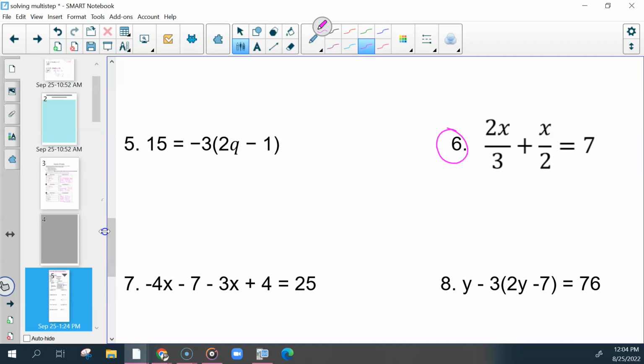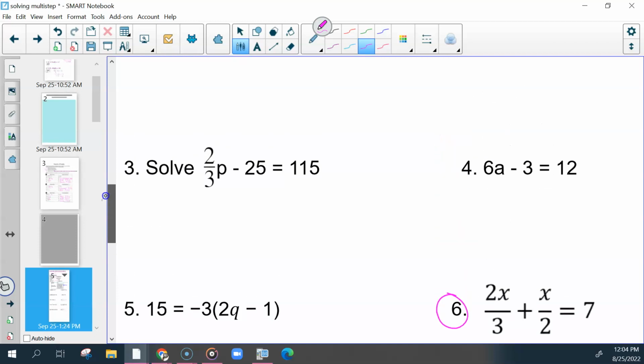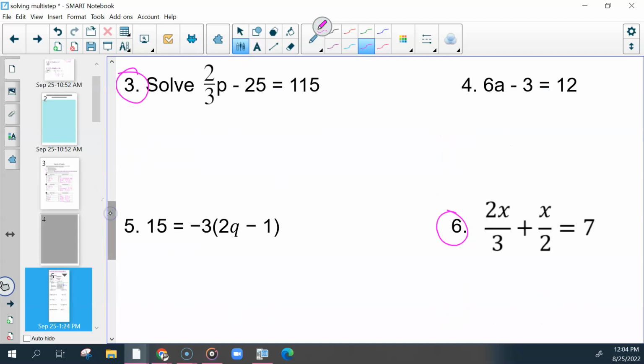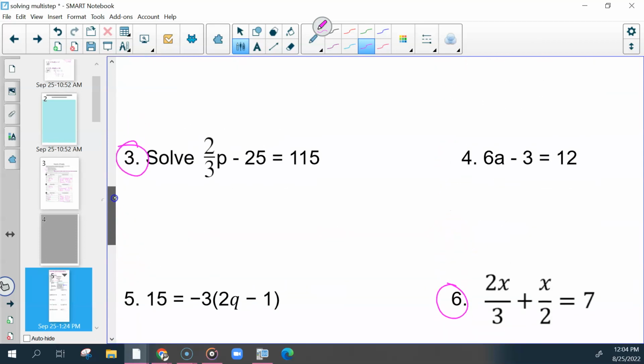Any others that we want to see or go over? I'm going to say number 3. So we will start with those, and if you see another one, can we also do this one if we have time? Yeah, okay. We'll start with 3 and then go down.